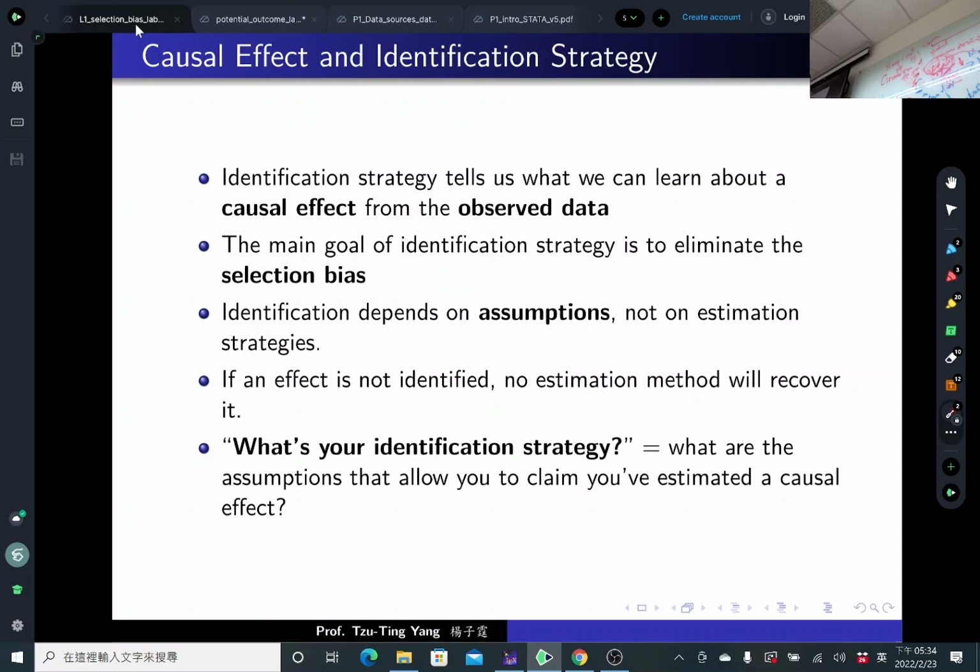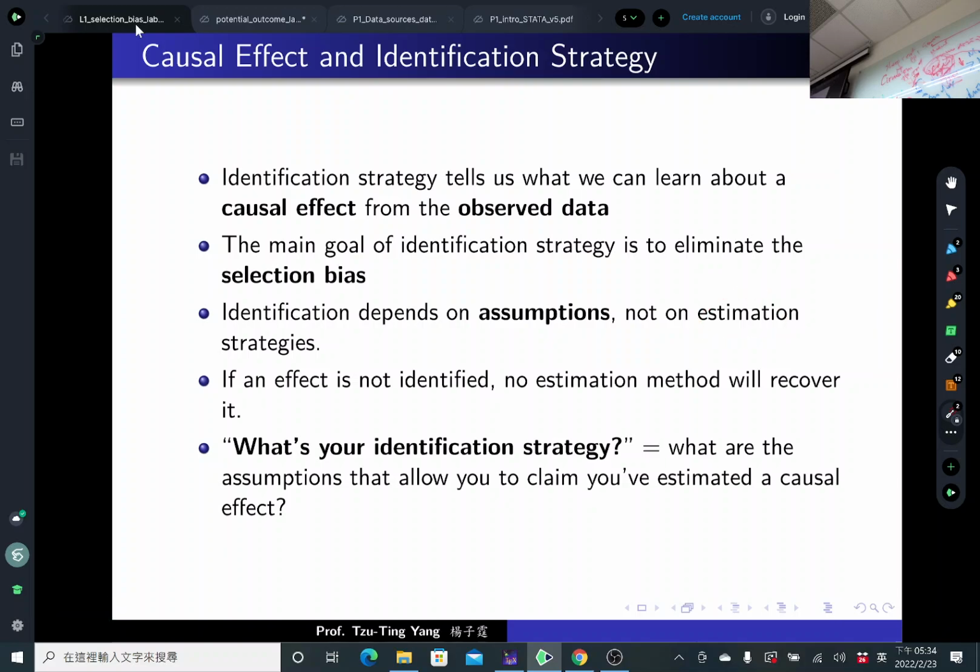But an identification strategy is one level up: it tells you what the beta means, whether your estimate can represent the causal effect or not. If you know what this number means, then the following question is how to get the number.